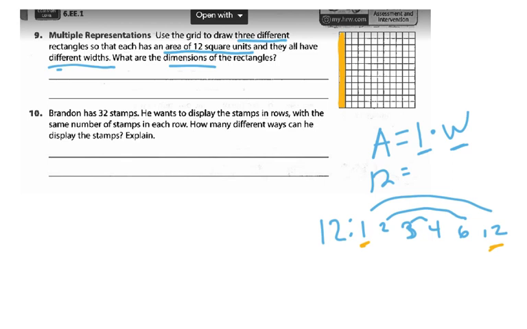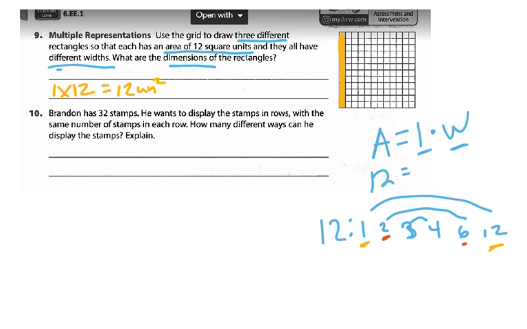So rectangle 1, I could say 1 by 12, and that equals 12 units squared. Then I could say the second way is to do a 2 by 6.